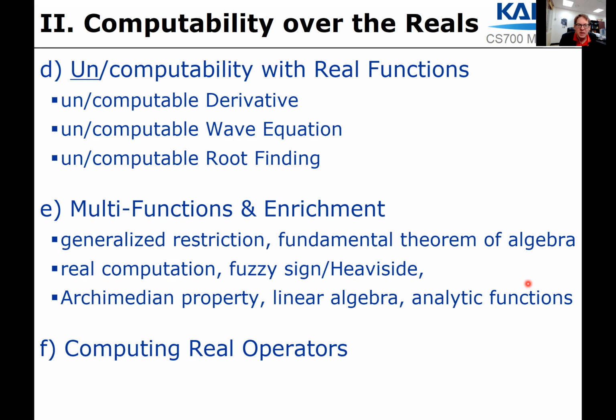And finally, we will discuss computing real operators, another step up the type hierarchy, which requires discussing how to encode the functions as input. So computing real functions would involve real numbers as input. Computing real operators would require real functions, continuous functions, as input.